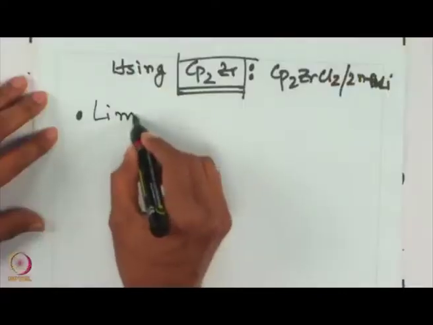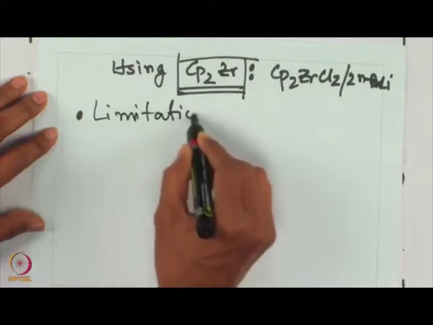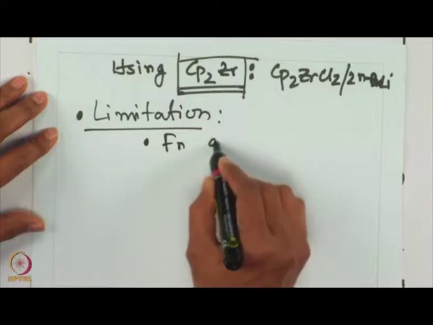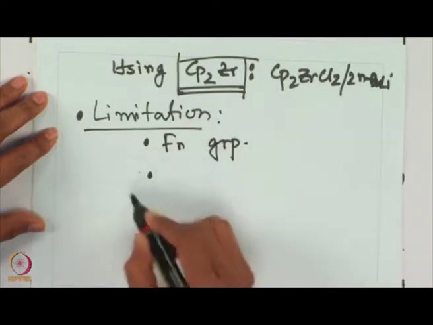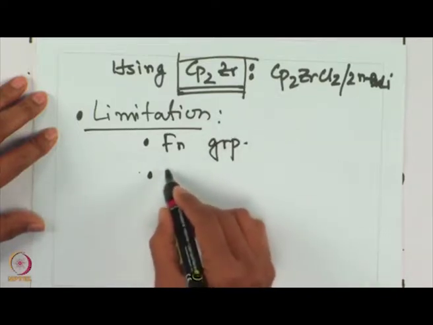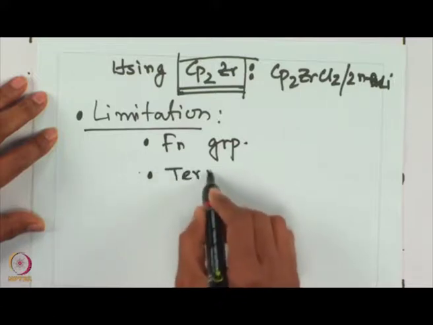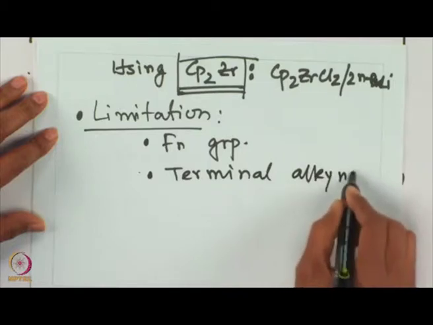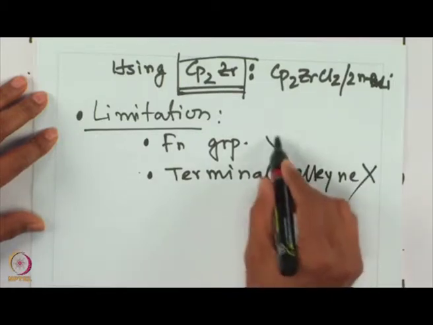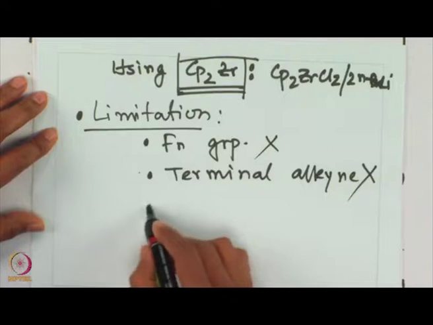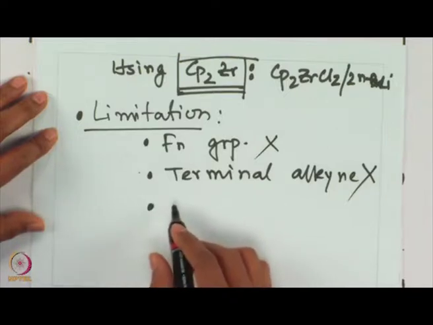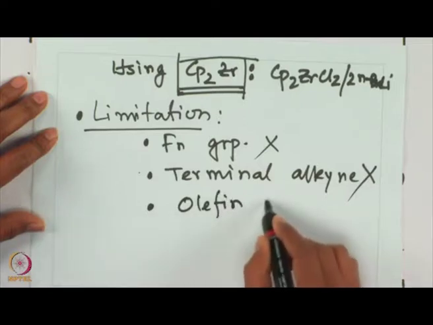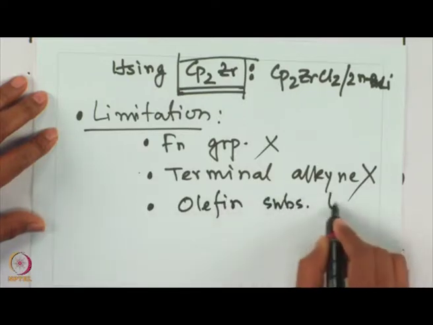So, the limitations of these methods are very simply that functional group compatibility is not very high. Terminal alkyne does not work for this process. We always have to deal with the internal alkyne, and substitution on the olefin is limited.